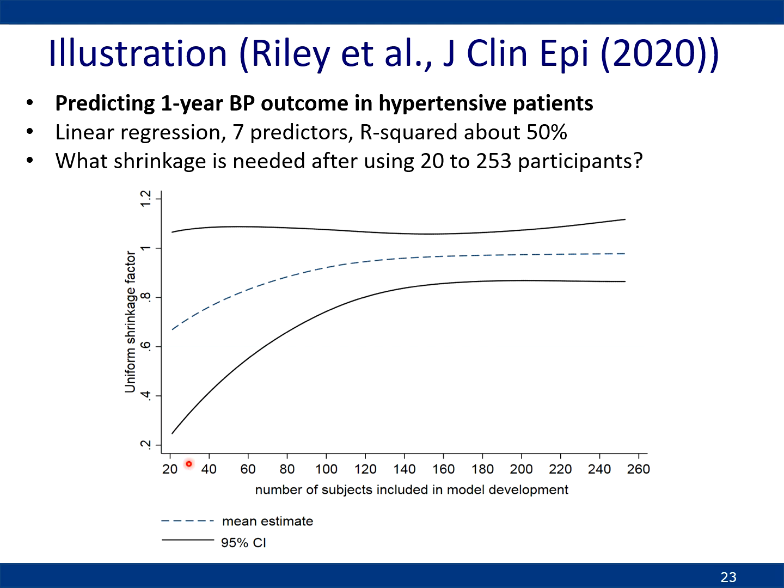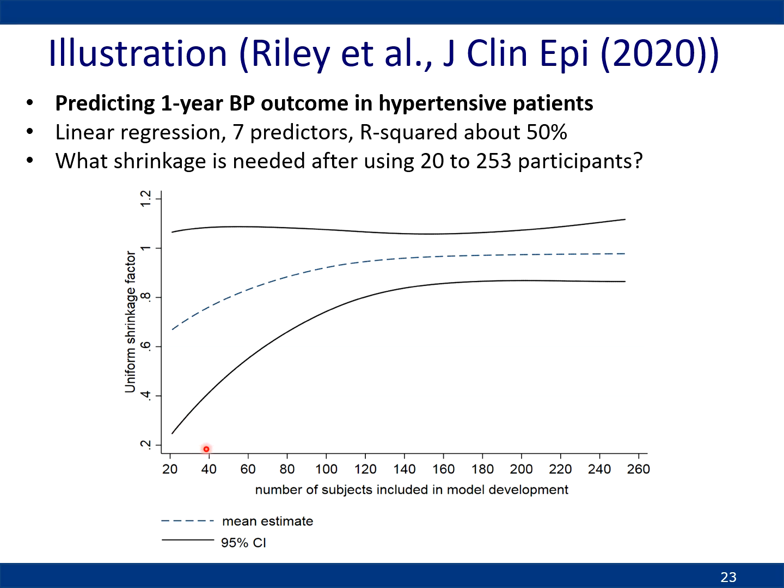Down around 20, where you've got about 3 subjects per predictor, the estimate of the uniform shrinkage is around 0.7, but the 95% confidence interval for the true shrinkage estimate is between about 0.2 and about 1.1. So we really have so much uncertainty about what the best shrinkage factor to use is.